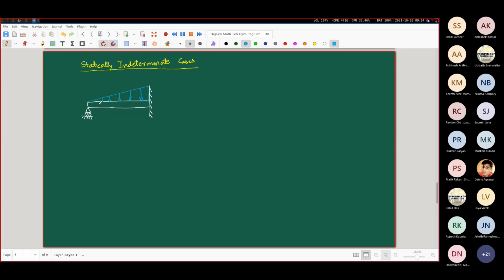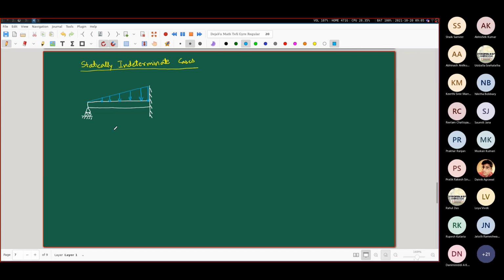Okay, so we have this beam here, which is fixed to this wall on the right end, and on the left end, it is pinned to this support. And I'm stating that this is a statically indeterminate beam. You tell me why. Four unknowns and three equations.